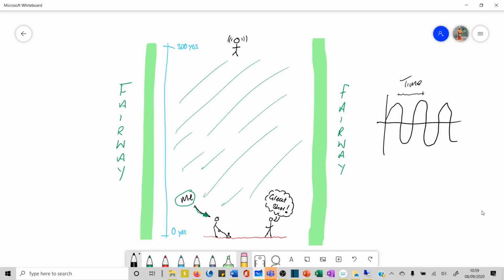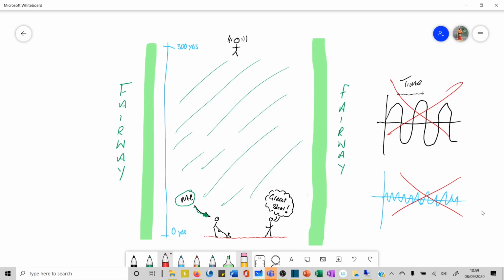Now, the person shouting might look like this. Very different, and in real life that's probably the way it works. So the two wavelengths will be very different to each other, but we're disregarding that for this question.